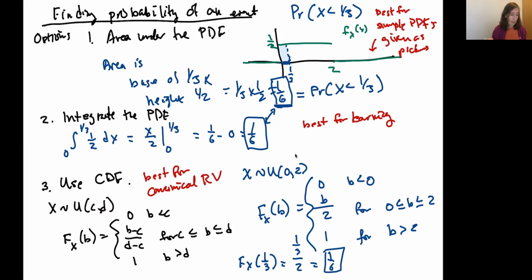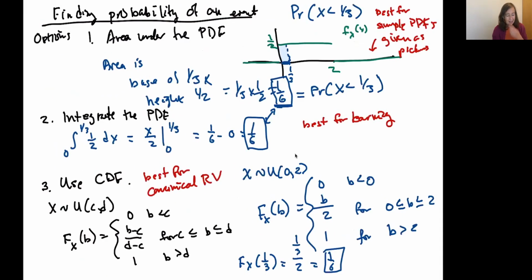And then the very last thing that you might do here is for a normal random variable. Going back, all of these probability finding strategies work well, except for the normal random variable.